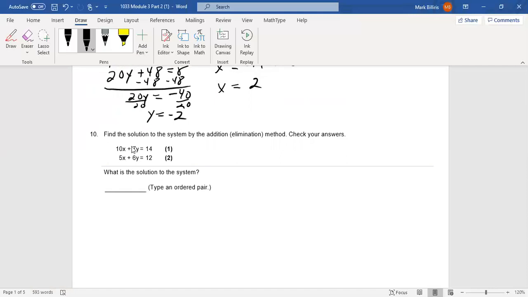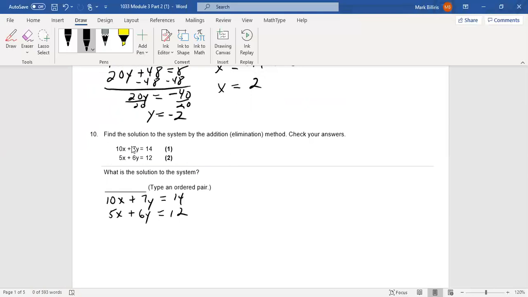So what we're going to do is multiply one or both equations so that either the x or the y is eliminated. So I'm going to rewrite the 2 equations. It's your choice. So in this case, I'm going to eliminate the x.